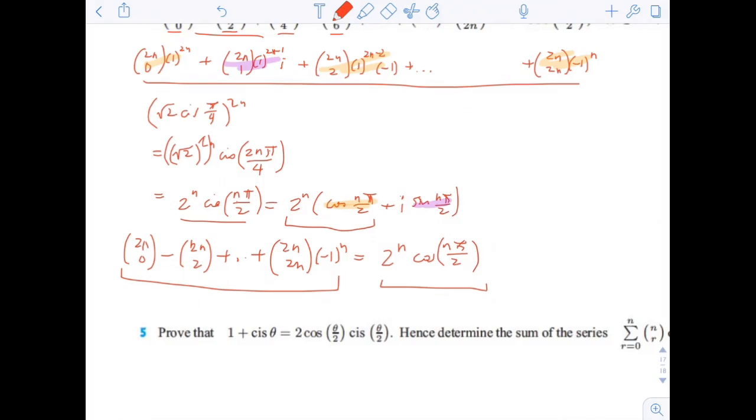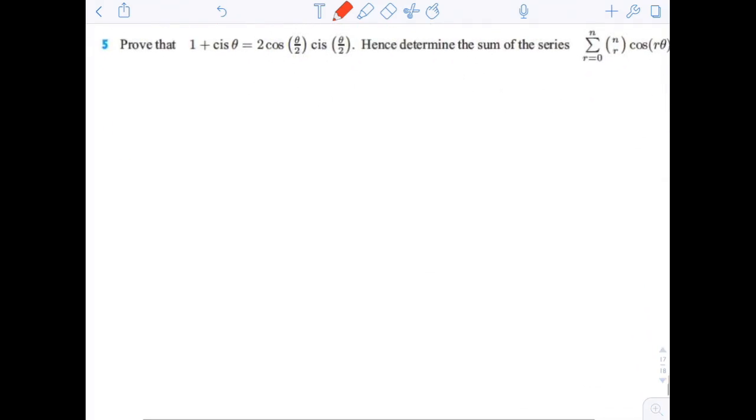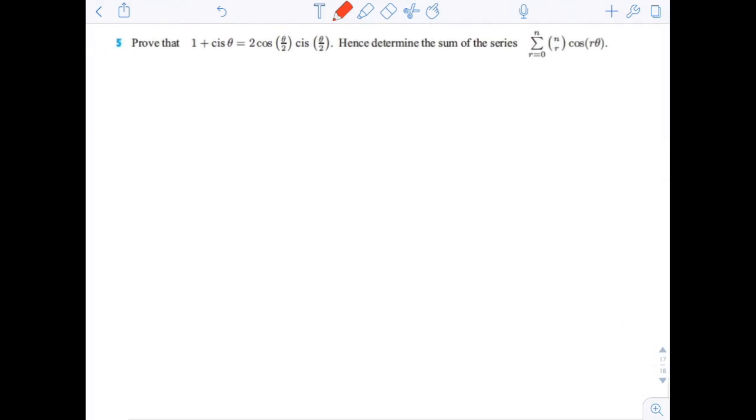Okay? Number 5. Prove that 1 plus cis theta equals 2 cosine theta over 2 cis theta over 2. Hence, determine that the sum of the series is equal to that expression. Okay, for the proof in number 5, according to the book, it is easier to start from the right side than the left side.